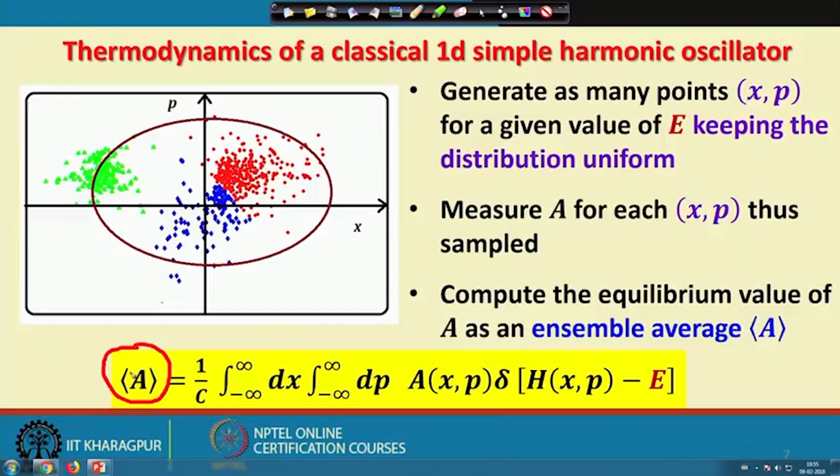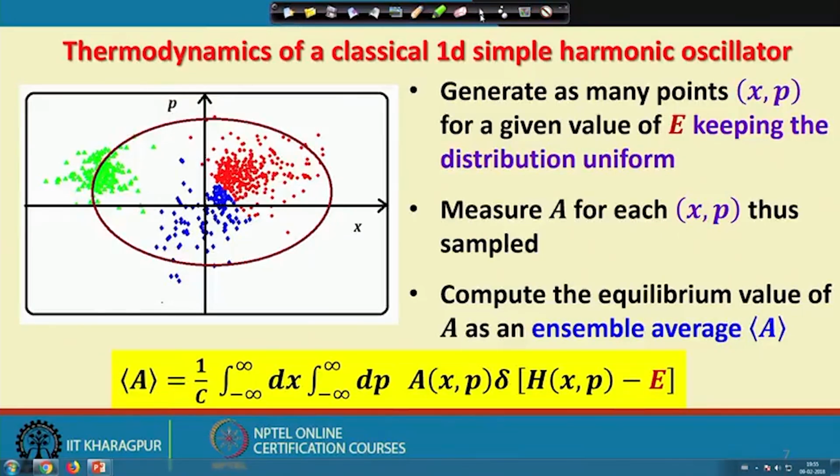This angular bracket represents an equilibrium value of A as obtained through an ensemble averaging, or by adding up the values of A at different microstates at the different allowed regions of the phase space.